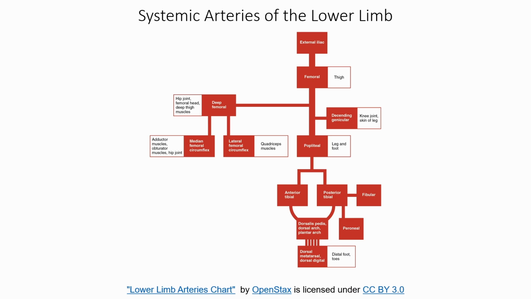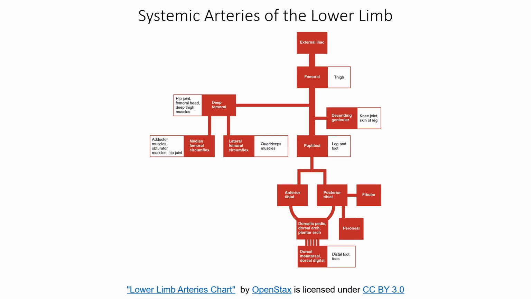And so this is just that flow chart describing this, so who's branching from who. If it wasn't making sense to you in the picture before, this may help. Again, the common iliac will branch into the internal and external. External is the one that leads to the leg, so femoral will serve the thigh.